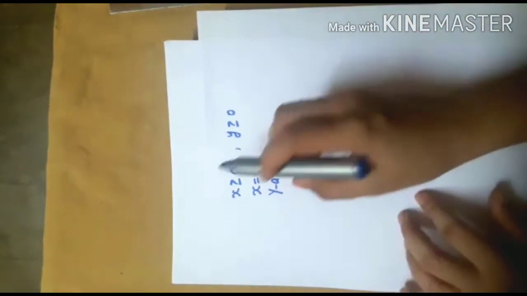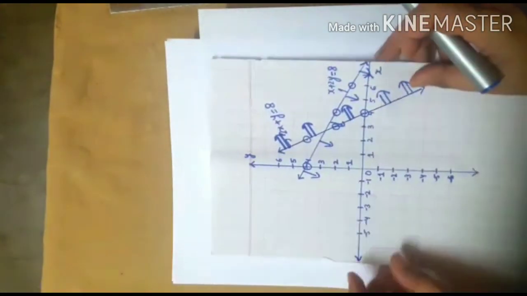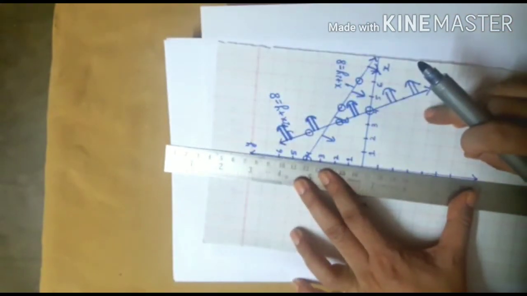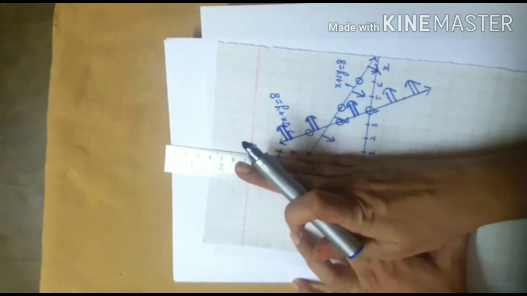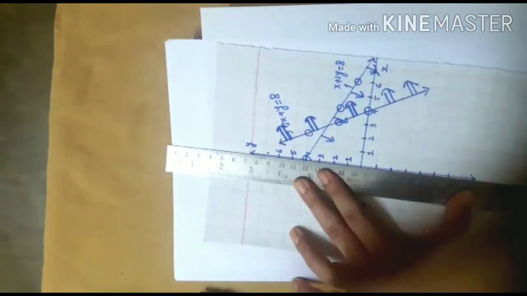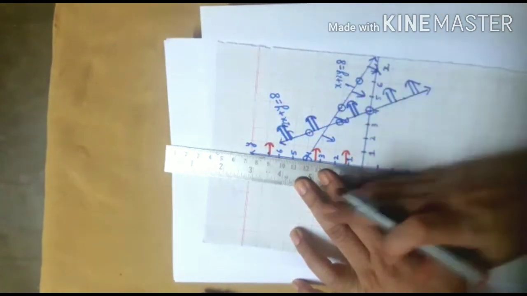So if I have to solve this inequality, then the corresponding line is this y-axis and x is greater than or equal to 0. That means the solution region will be on this side. That is, shading will be towards this because x is positive here.